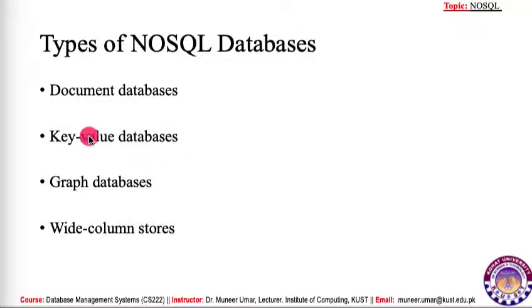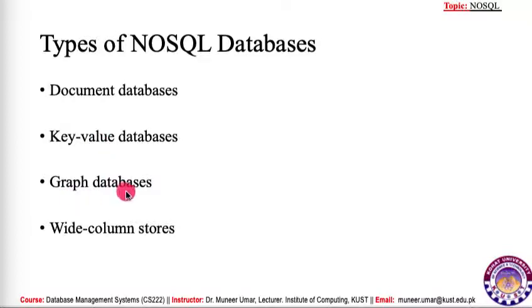Key value databases are great for use cases where we need to store a large amount of data, but we don't need to perform complex queries to retrieve it. These are useful for large amounts of data and no complex queries.